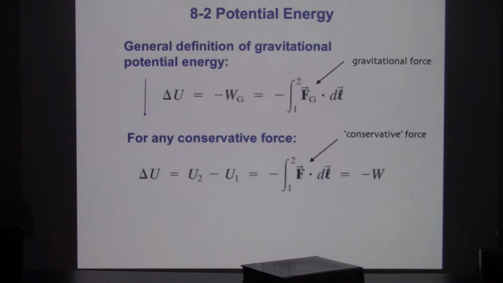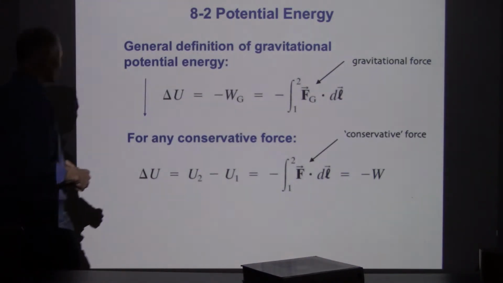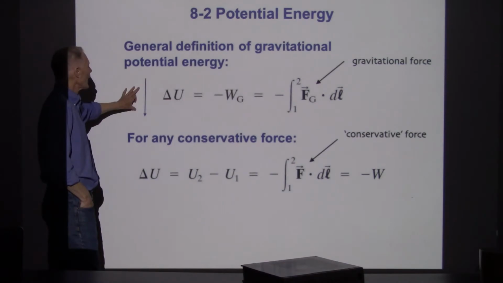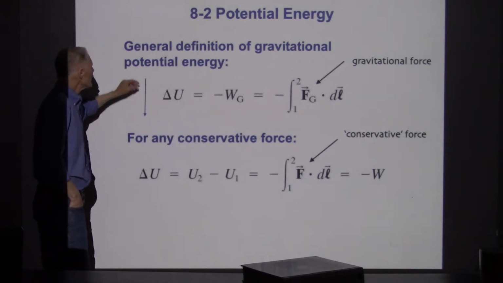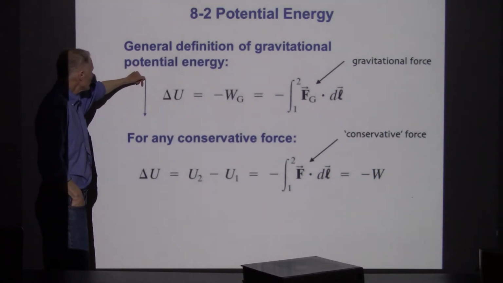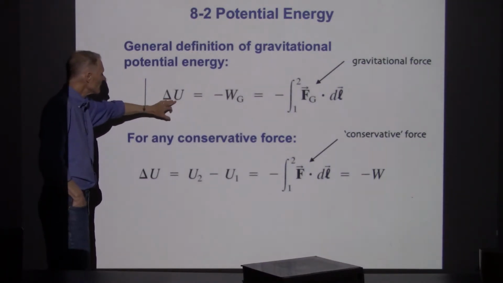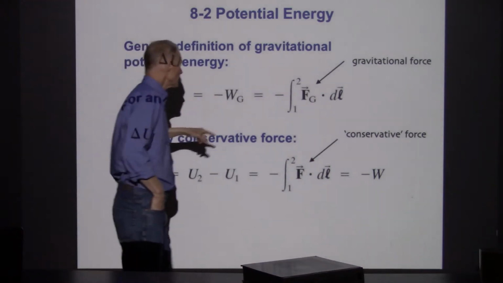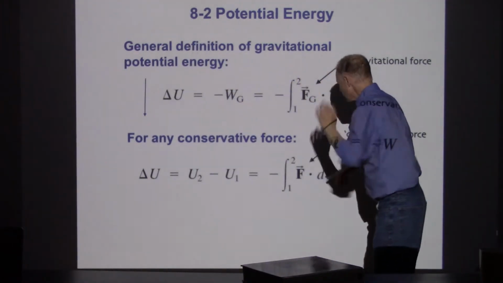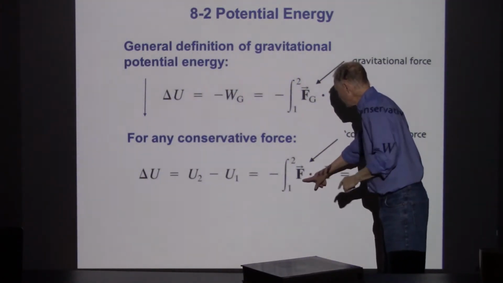Again, the minus signs here can be a little confusing, but just remind yourself that the minus sign is telling me if I allow the object to move in the direction of the force, my potential energy will be decreasing. That's probably a good way to think about this too.